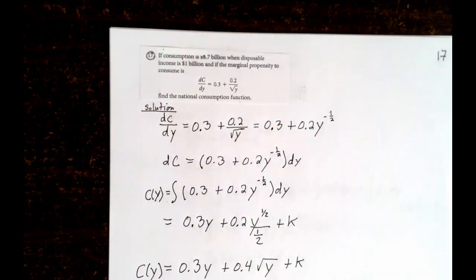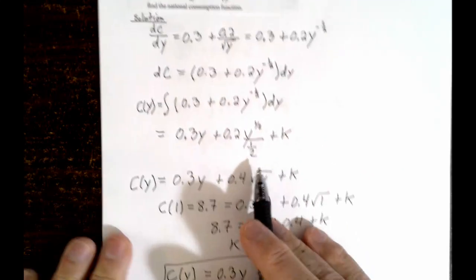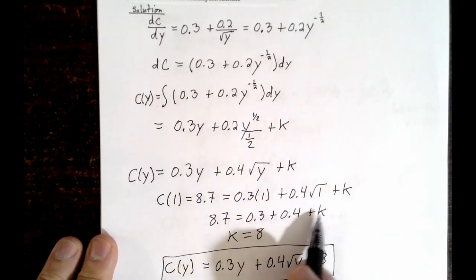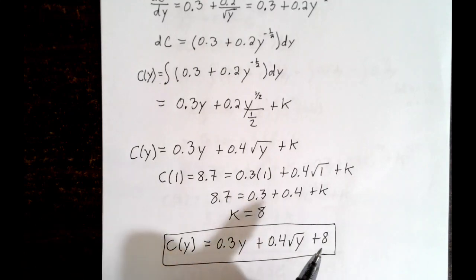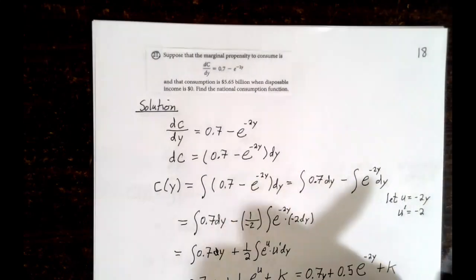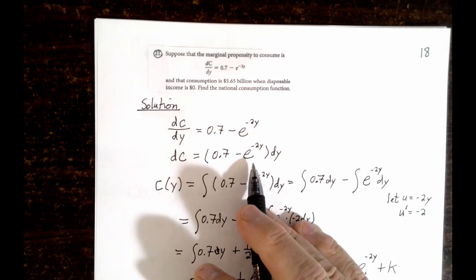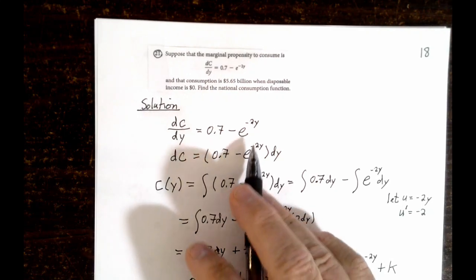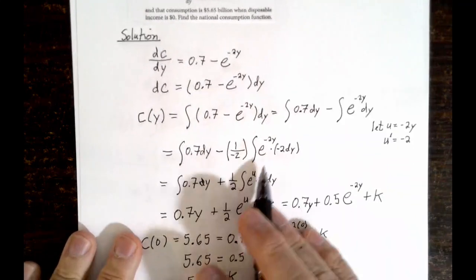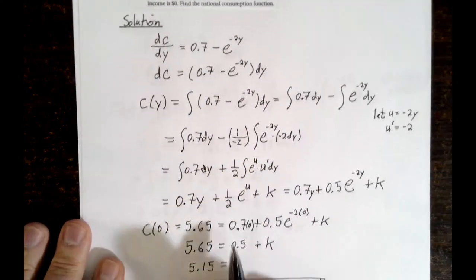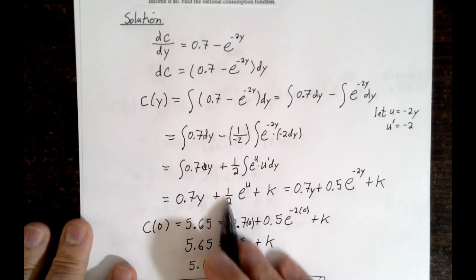So here's your C prime. So you're going to integrate that, and you got to nail down what k is, and we finally do. K equals 8, and now there's your national consumption function. 21. Again, we integrate the function they give us here, and we have to use u and u prime there to do a little manipulation, but we introduce the -2 and multiply by 1 over -2.